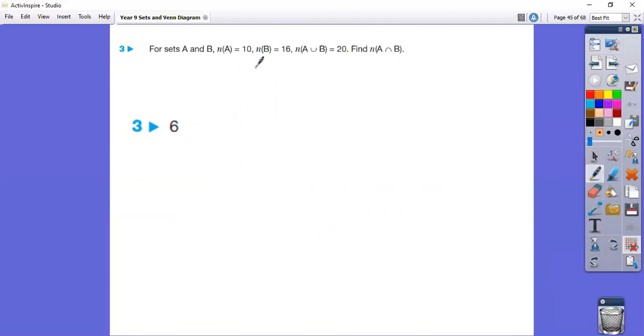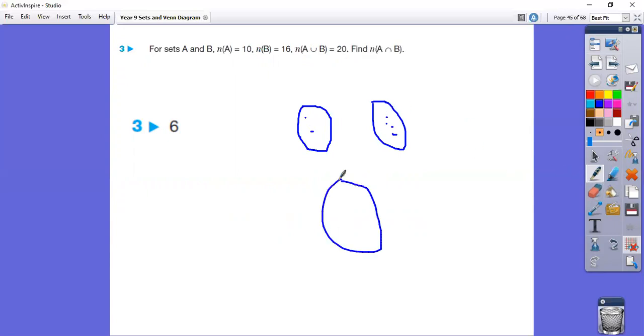So remember, you've got set A, set B. There are 10 in A and 16 in B. The union of the two, there's 20. But don't forget, there will be some intersect as well. So it'll be more like this, where there's an element common to both.